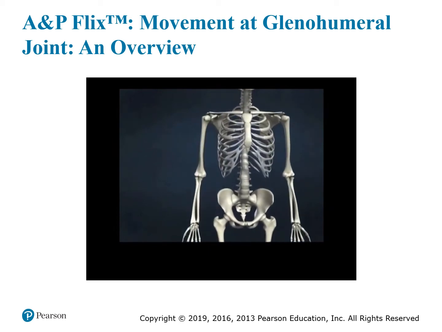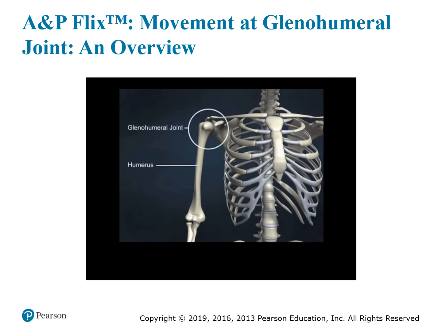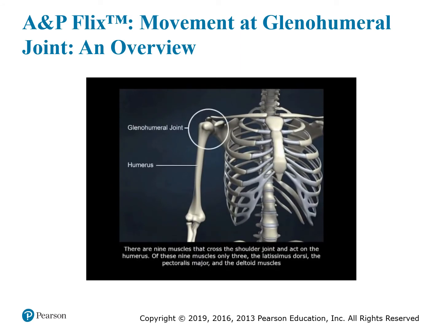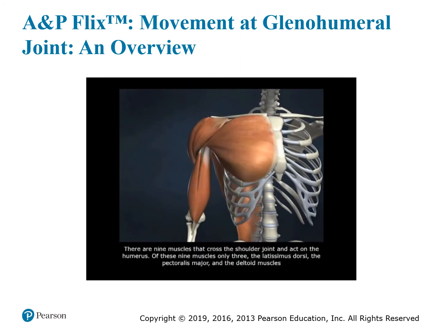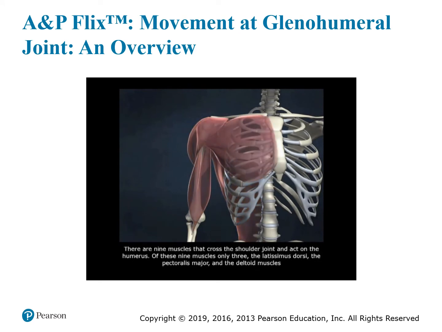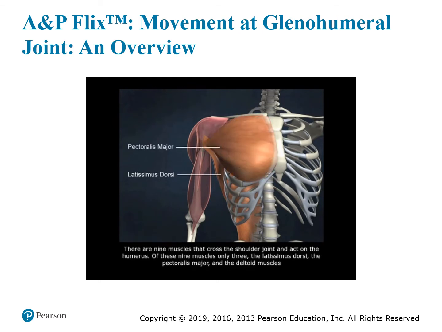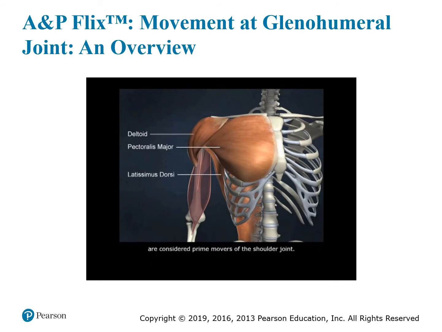There are 9 muscles that cross the shoulder joint and act on the humerus. Of these 9 muscles, only 3, the latissimus dorsi, the pectoralis major, and the deltoid muscles are considered prime movers of the shoulder joint.